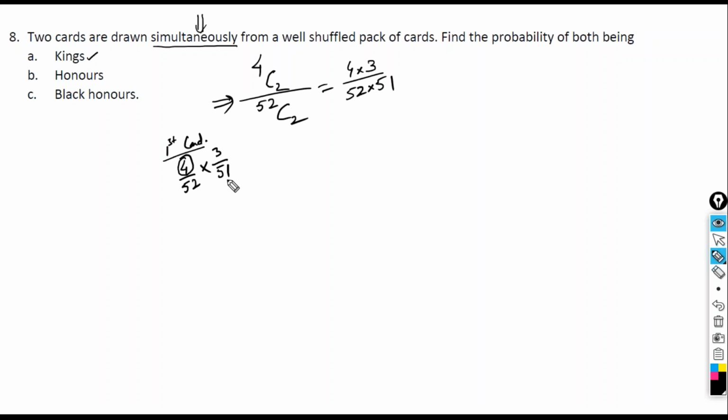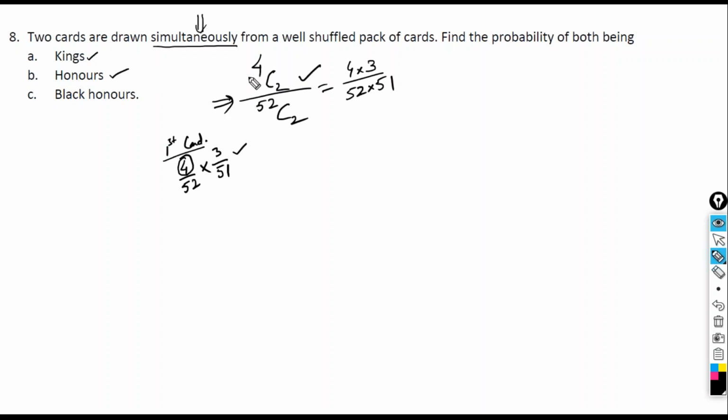Is it clear, everyone? It can be represented in this way or in this way. Either way it is the same. We just need to focus on the logic. Okay, so we will be doing it slowly and steadily.